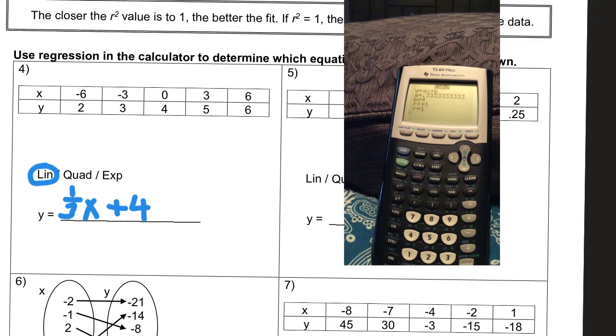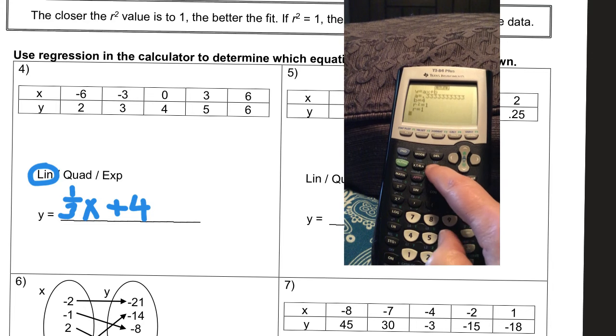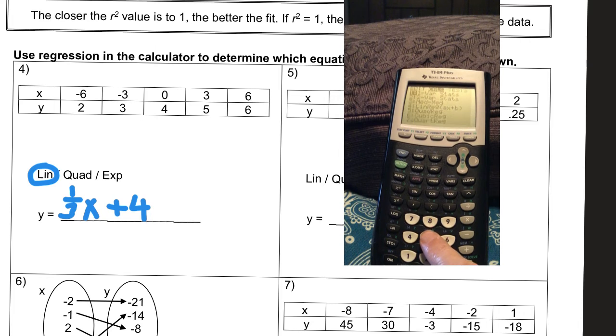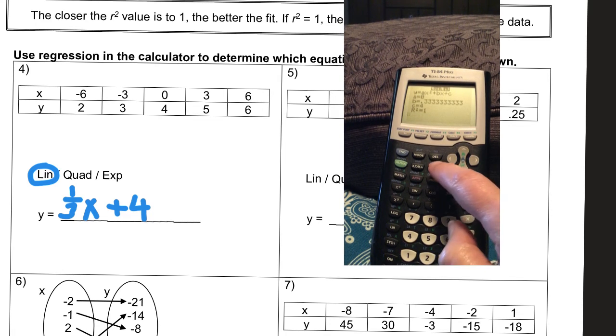However, I'd like you to take a look at the other regressions as well. So let's look at the quadratic equation. We go over to Calc, and this time we'll go to number 5, using the same data. Notice that this R² value is also 1. How can that be? How can the linear and quadratic both be 1? Well, if you notice, the a is equal to 0.